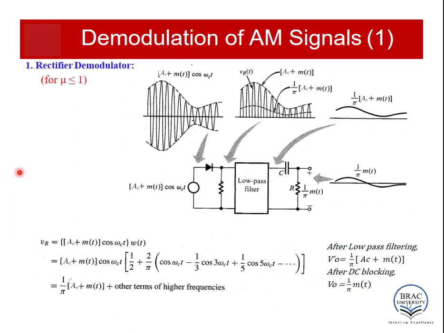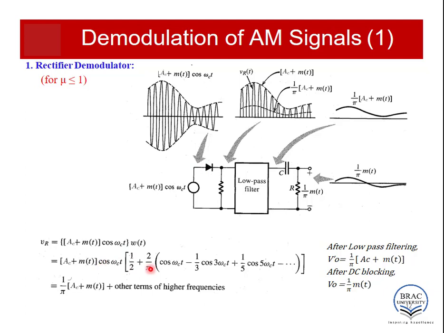Now we will talk about recovering the message signal from the modulated signal. The first circuit for doing this is rectifier modulator. The circuit diagram is shown here. The input is the modulated signal which is passed through a diode. So like the previous slide, the modulated signal will be multiplied by w(t).